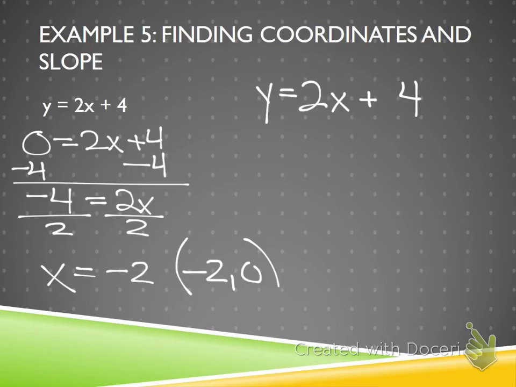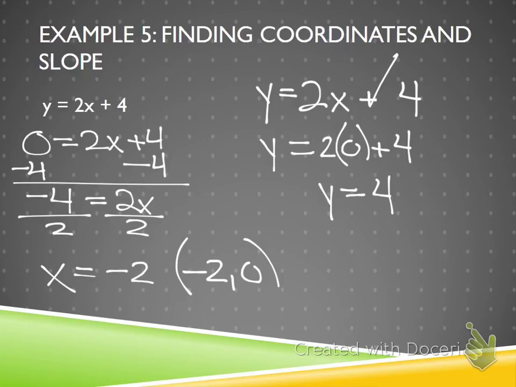Now, let's do the same thing for y. Y equals 2 times 0 plus 4. Y equals 4. What value did we plug in for x? 0. So what's my ordered pair? 0, 4.